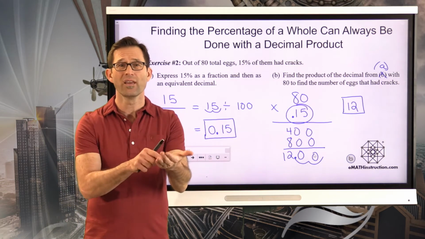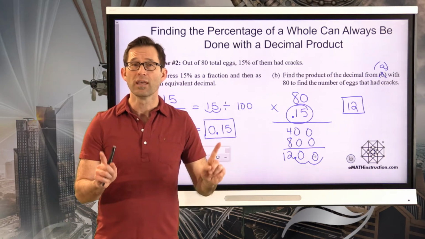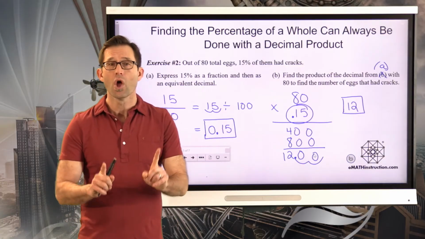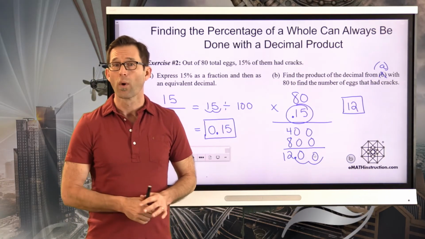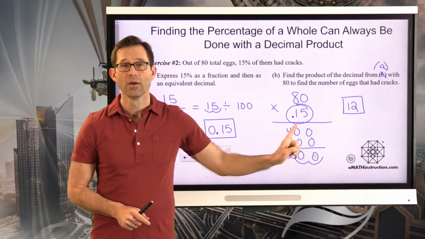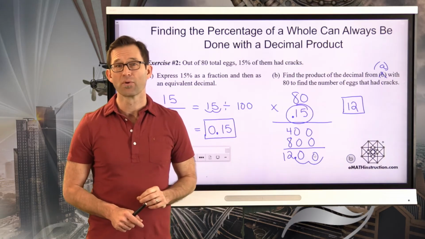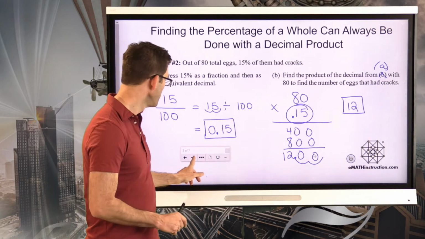We can just do 80 times 0.15 equals, and we have 12. But keep in mind, this is no different than what we have done for the last 3 lessons now, where we're taking a total and multiplying it by the fraction that the part represents, 0.15. All right, let's keep moving on.